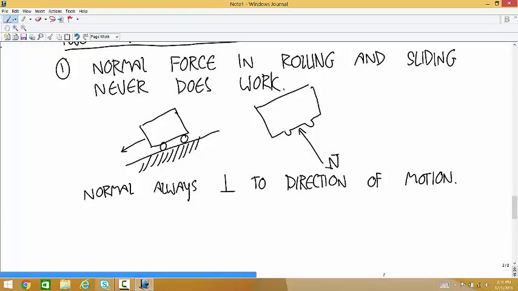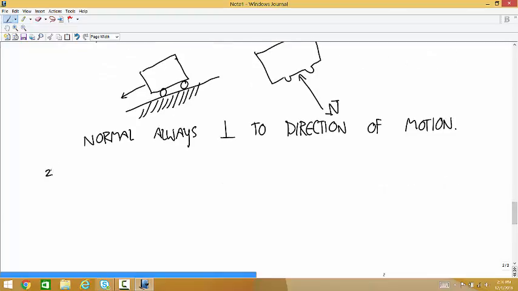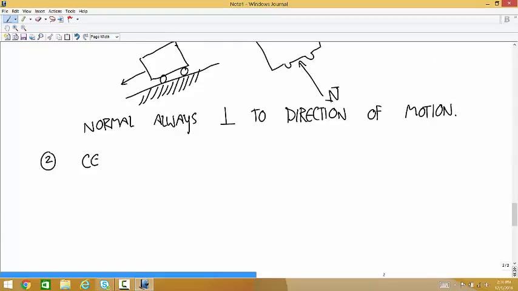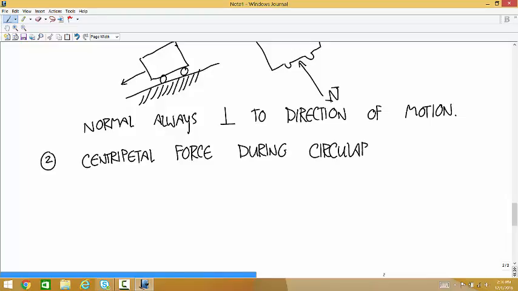Okay, and then there's one more example that's going to come up all the time. If you have a centripetal force during a circular motion, that's also non-conservative, but it does zero work.